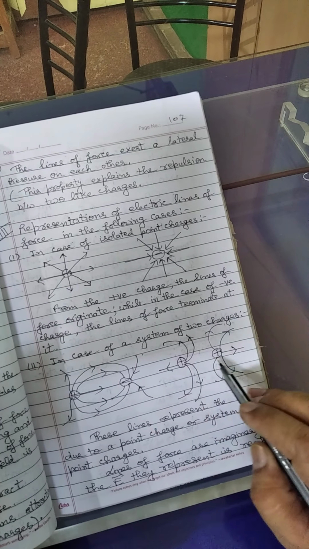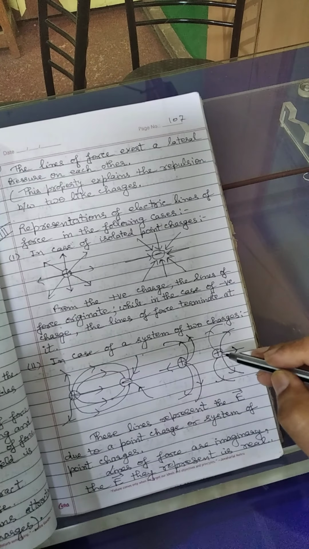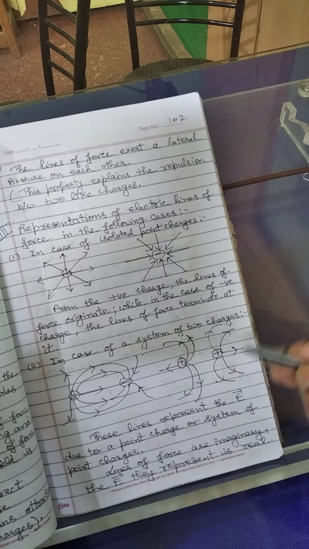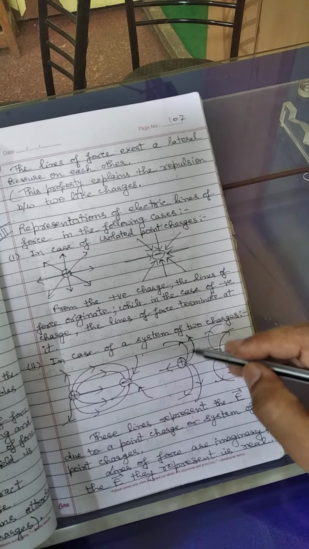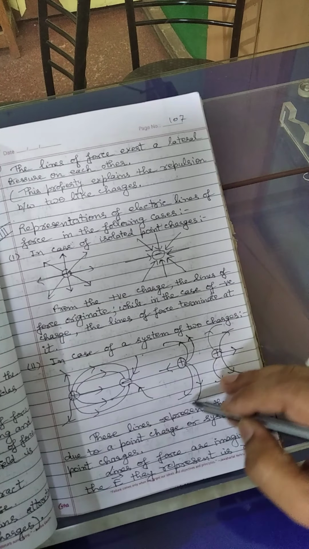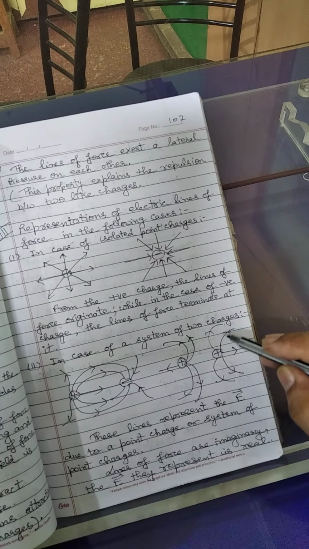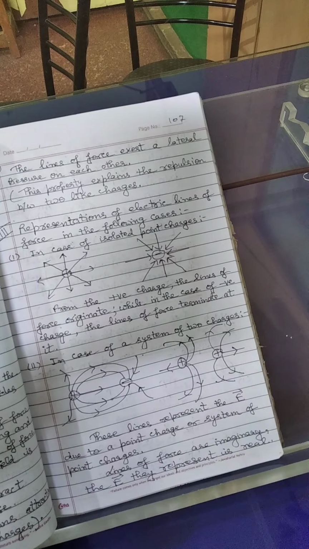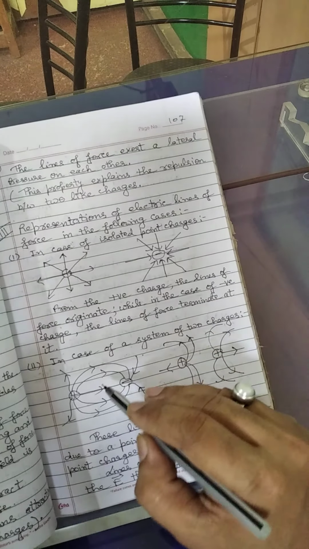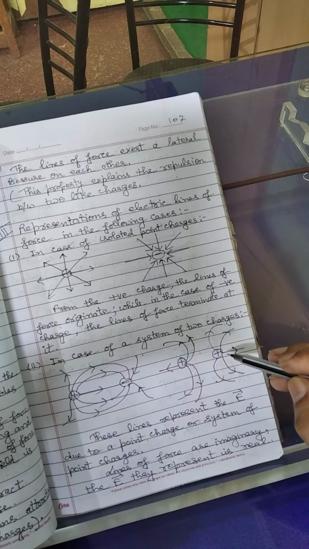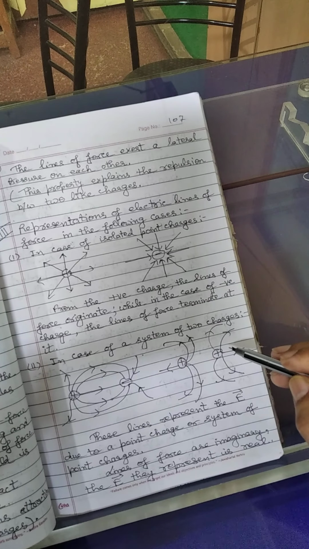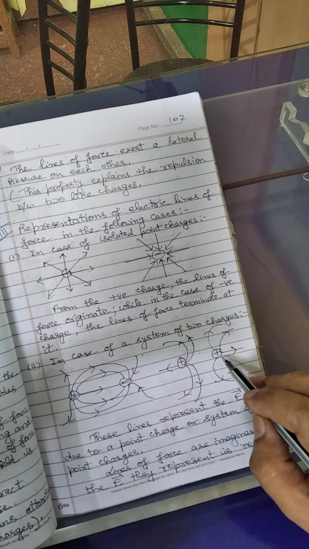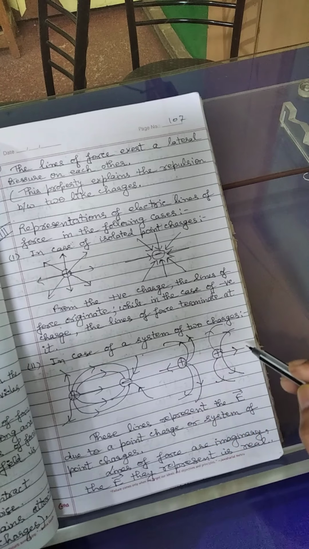If we take two positive charges, the electric lines of force emanate from here, and this is also a positive charge. So these electric lines of force are emanating from this side also, and they are searching for their negative somewhere. Ultimately we will find that the pattern of the electric field in the case of two positive charges is like this.